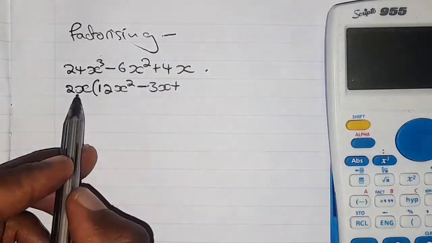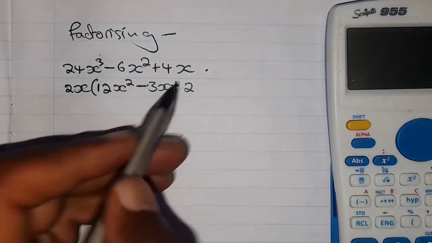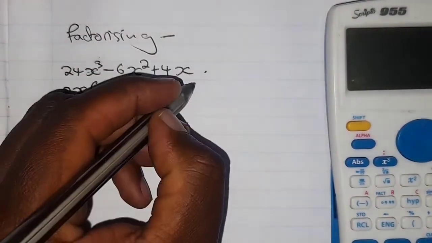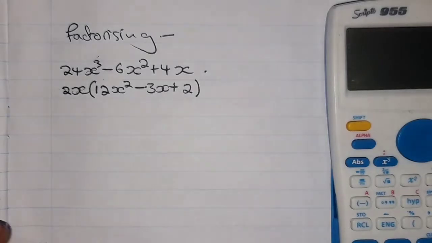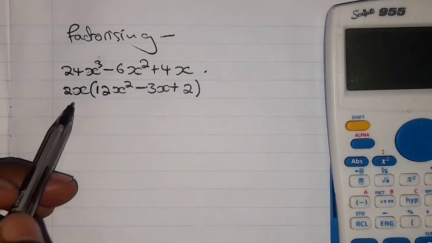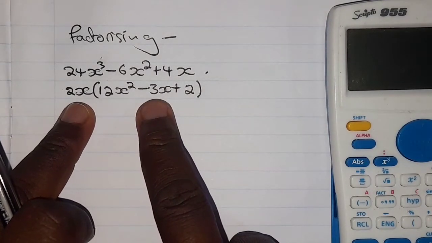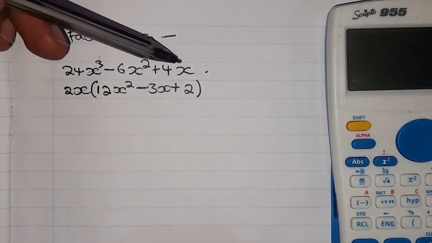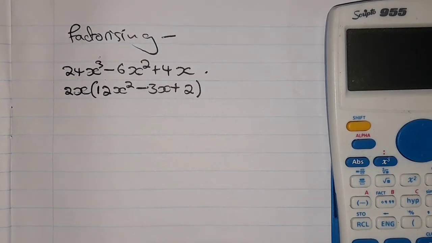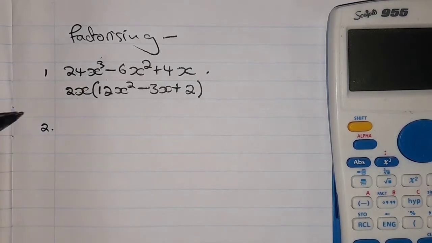And then plus 2 goes into 4 2 times, and x into x is 1. So this is our factorized expression. So we are saying 1 and 2 are both factors of this expression. This was number 1.